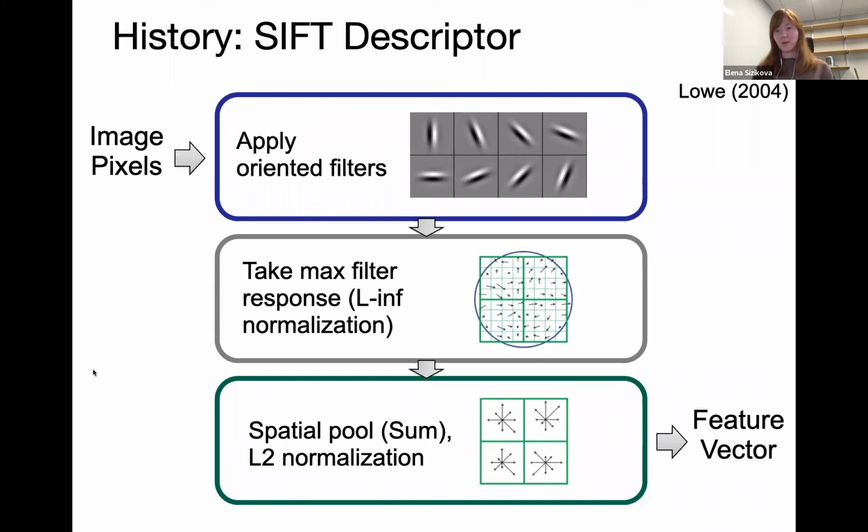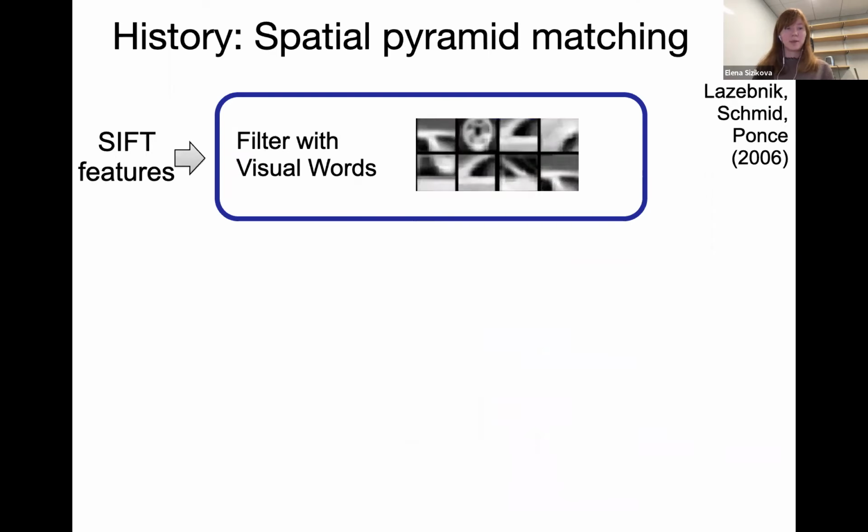This is an image descriptor and keypoint detector that was very high performing and very popular before neural networks overtook the field. Another one is spatial pyramid pooling.